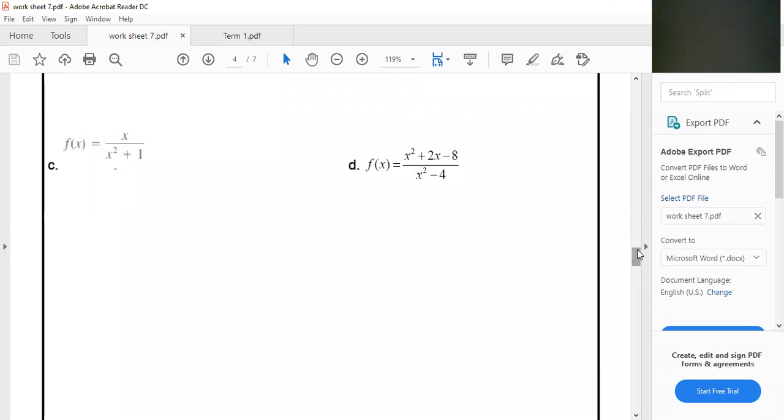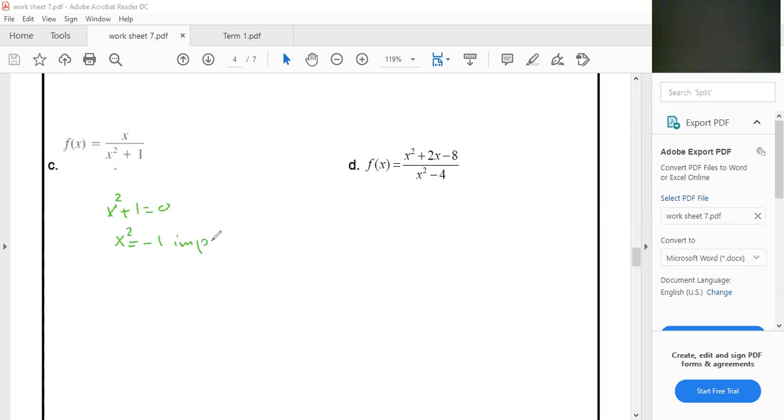Look here. For part C, I have to make sure whether the function is in the simplest form or not. As you see, the numerator cannot be simplified or factorized. This one, in this case, x squared plus 1 equals 0. It will give you what? X squared equals what? Negative 1.